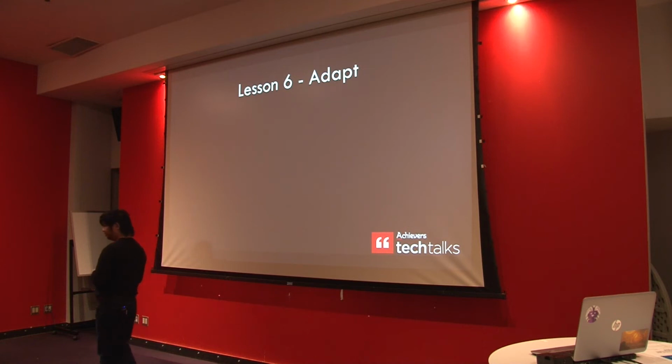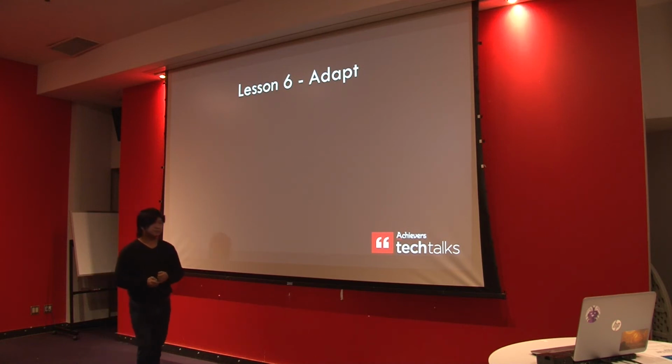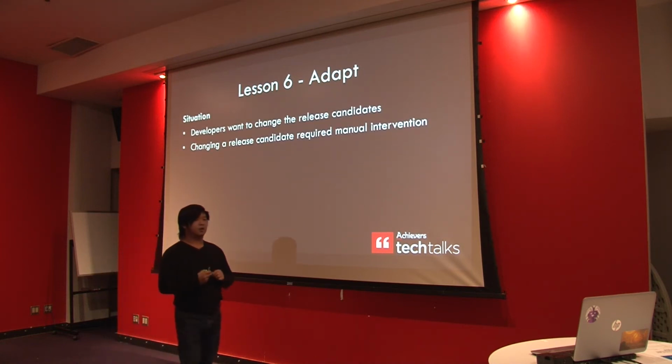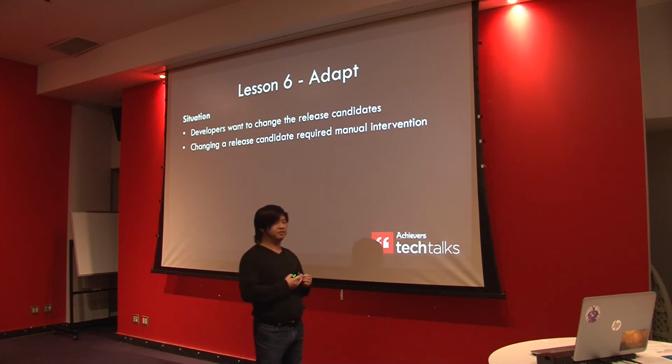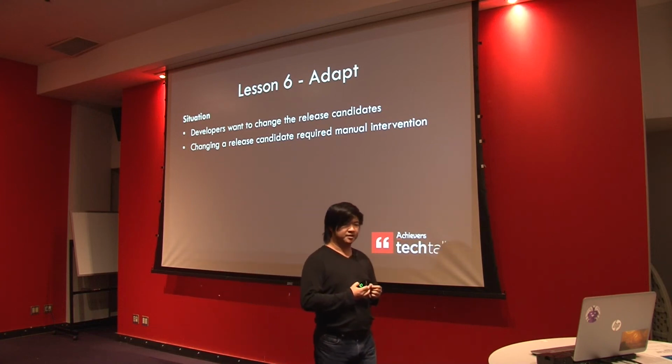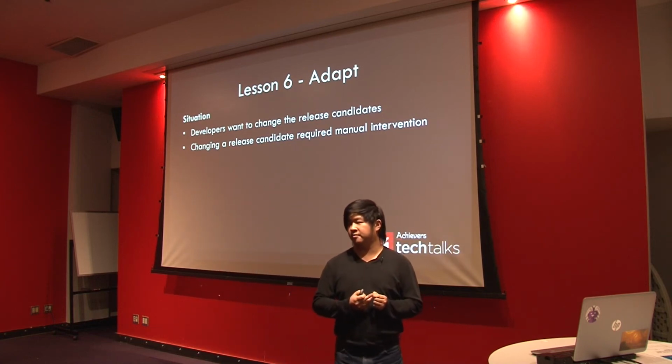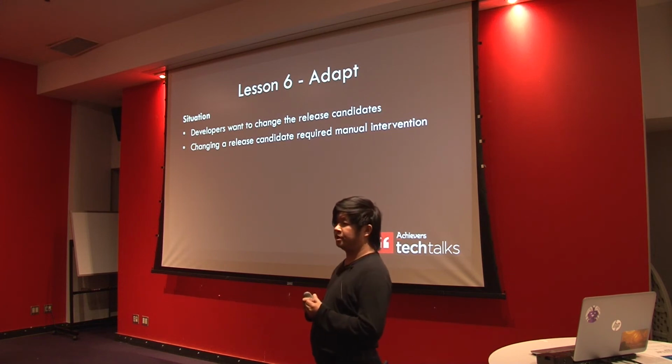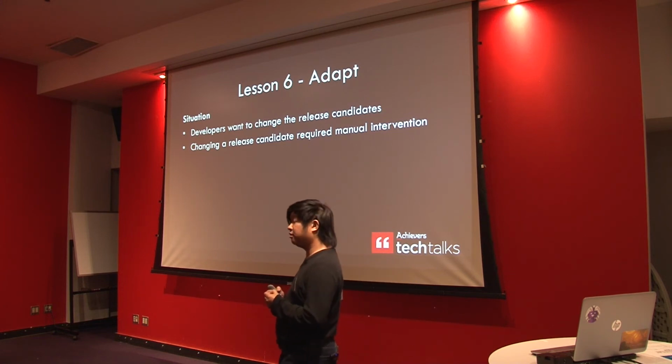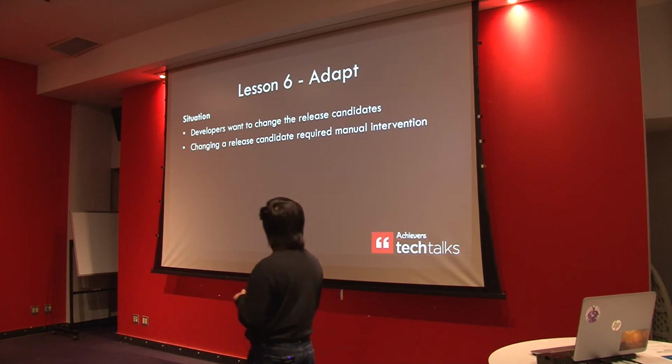Lesson number 6, adaptation. Developers feel the need to change the release candidates. This is not an uncommon scenario in the software development world. People feel their fixes are critical, and some of them are critical, and they need to go out quickly.